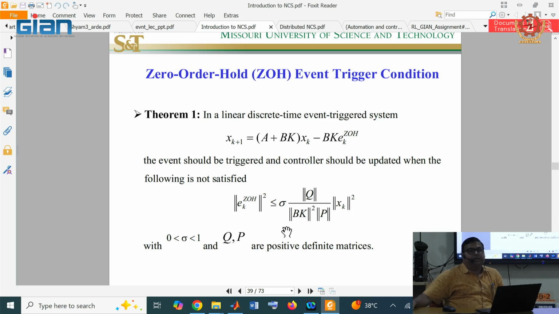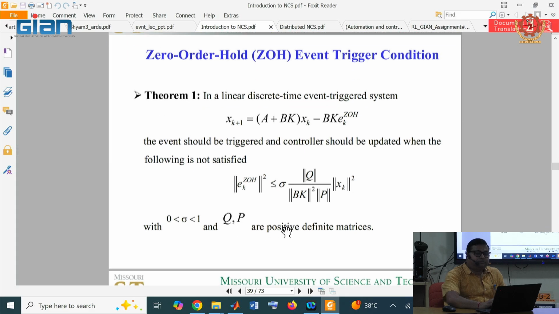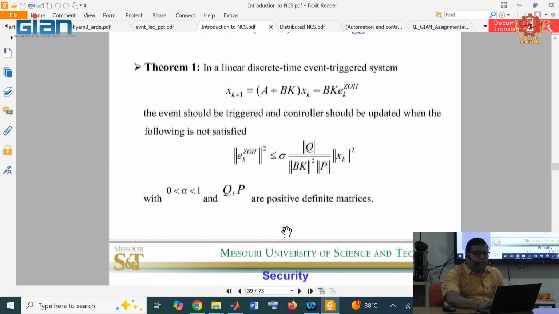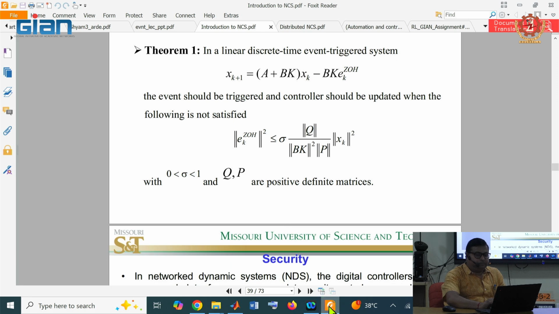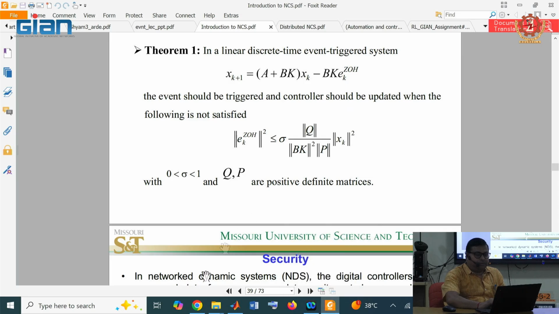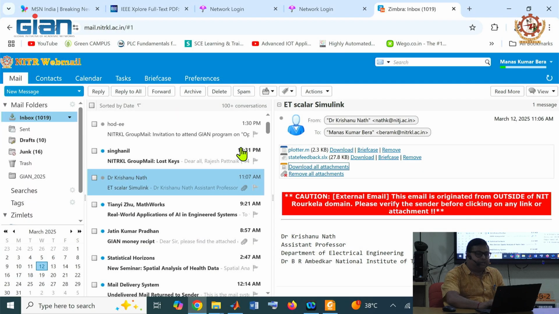So in all event triggering cases you will find it like that, and sir was talking about another approach called model based. You can do that kind of triggering from this paper also.